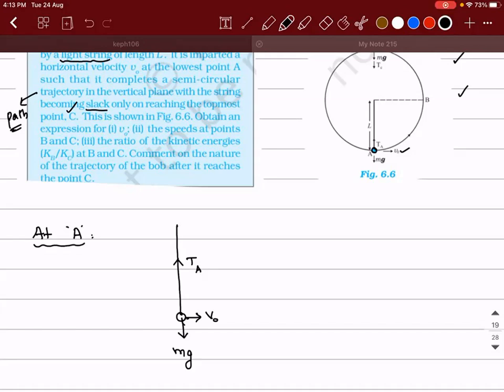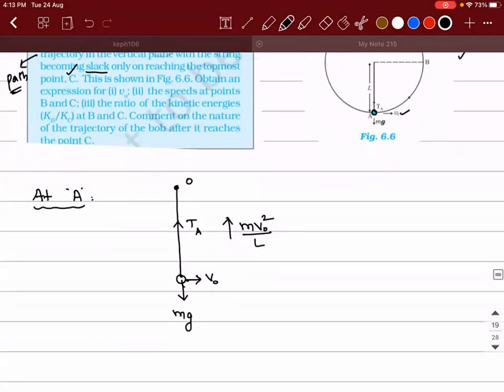Yes, which will act in which direction? Towards the center, which is m v0 square divided by, what is the radius of the circular path? Look at the diagram. The length of the string. Very good. It is the length of the string which is going to act as the radius of the circular path. Now, at this point, can I say TA minus mg is equal to m v0 square divided by L?